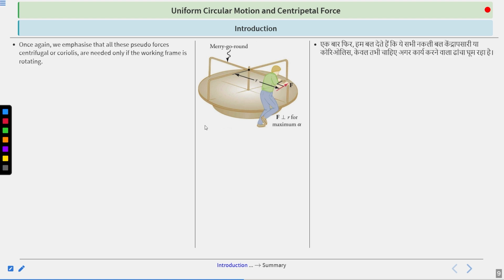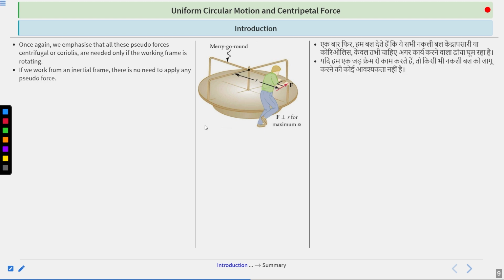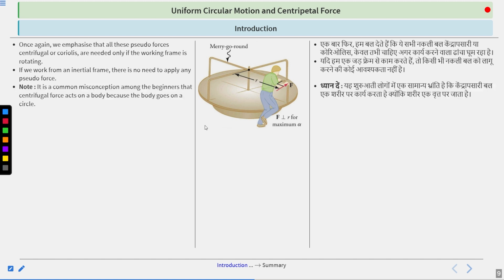Once again, we emphasize that all pseudo forces, whether centrifugal or Coriolis, are needed only if the working frame is rotating or in motion. If the working frame is at rest, we do not require them that much. But if it is in a rotating frame, we require them so that we can analyze the situation and draw scientific conclusions. If we work from an inertial frame, there is no need to apply any pseudo force.